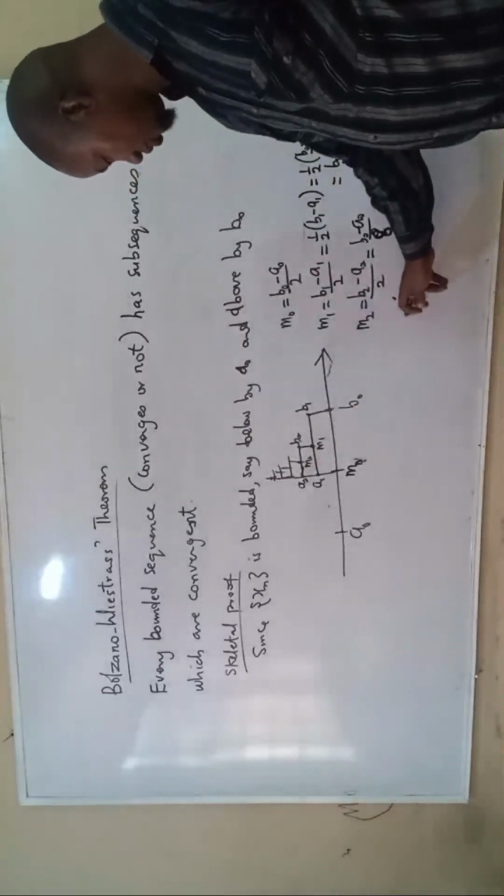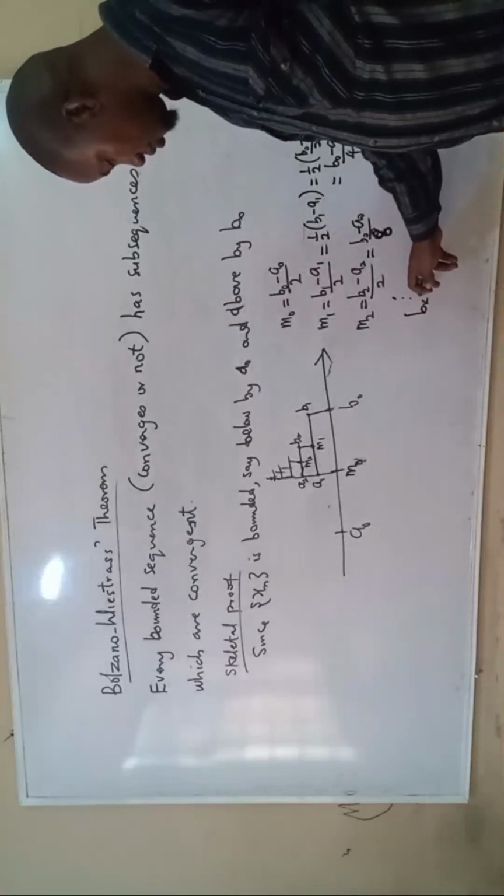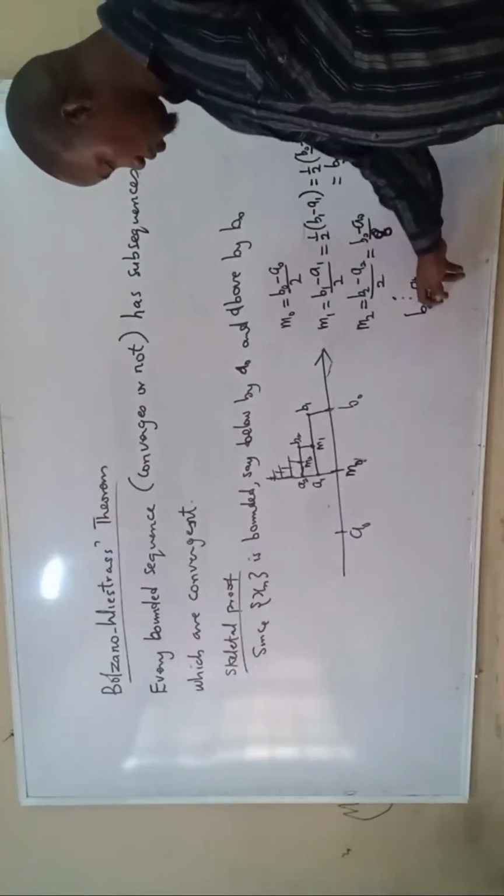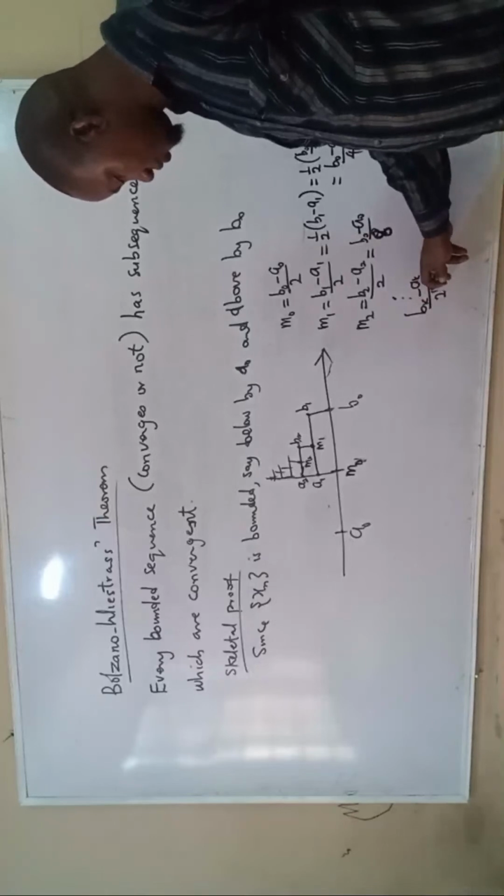So as we continue, what we have will be bk minus ak all over 2 raised to the power of k.